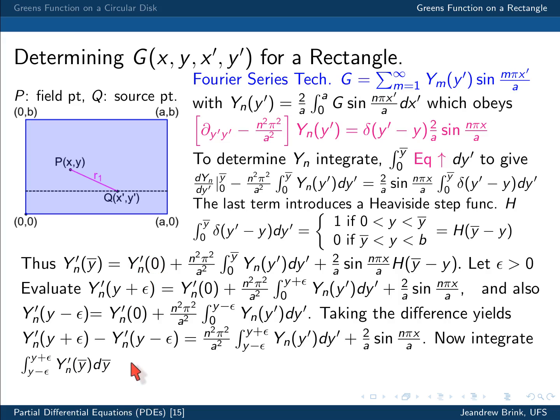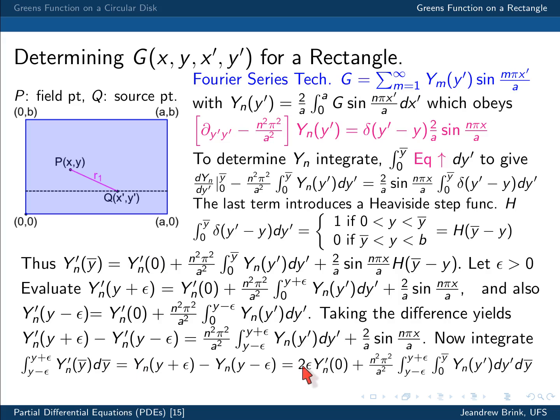So that's 2 epsilon, right, that's 2 epsilon y bar n of 0.